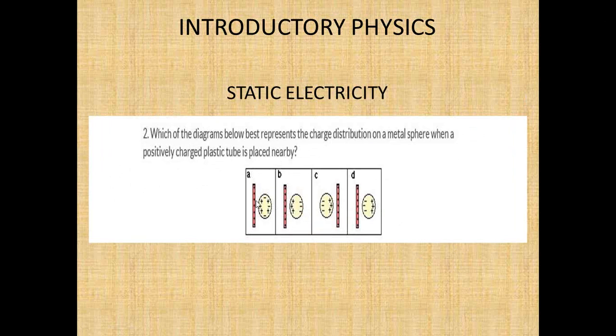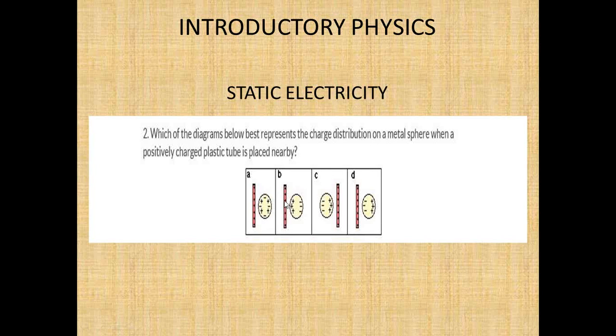This doesn't make any sense, because since this is a metal sphere, a conductor, the positive tube is going to pull the electrons close to it. So the electrons are going to line up over this side.